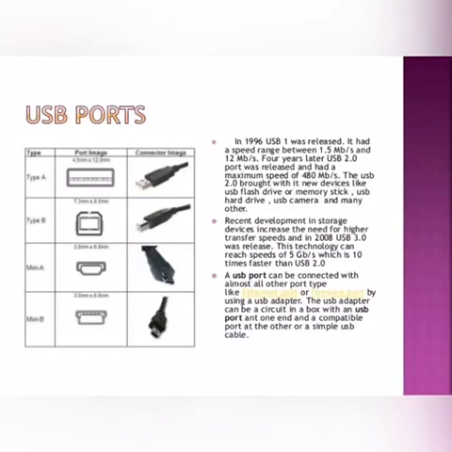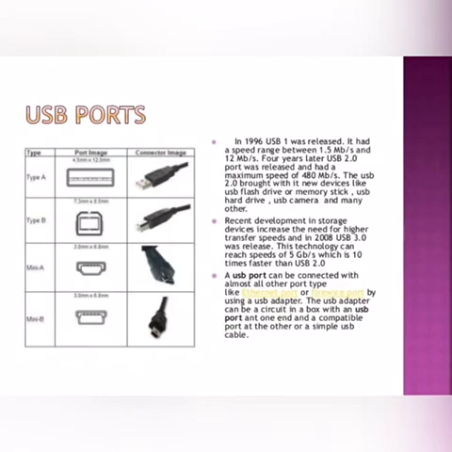In 1996, USB 1.0 was released. It has a speed range between 1.5 Mbps and 12 Mbps. Four years later, USB 2.0 port was released and had a maximum speed of 480 Mbps. The USB 2.0 brought with it new devices like USB flash drive or memory stick, USB hard drive, USB camera, and many others.